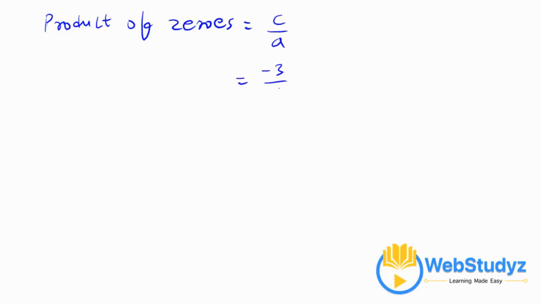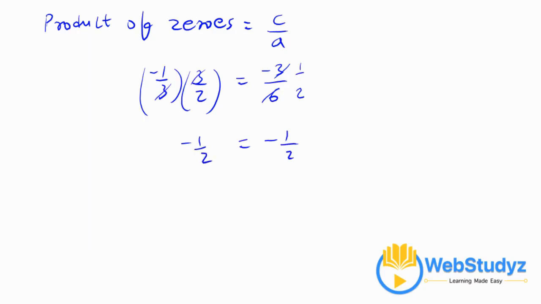So putting minus 3 and 6, and product will be minus 1 by 3 and 3 by 2. So this side we get minus 1 by 2, and this side we also get minus 1 by 2. So this way we have verified this.